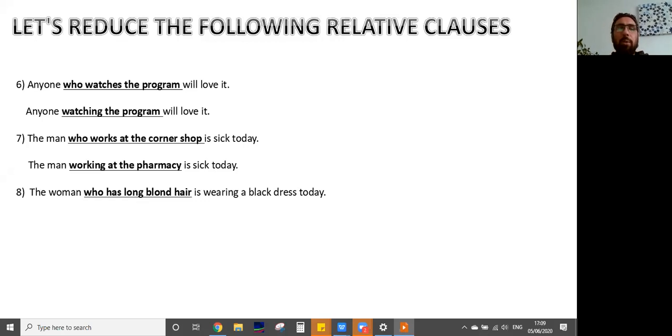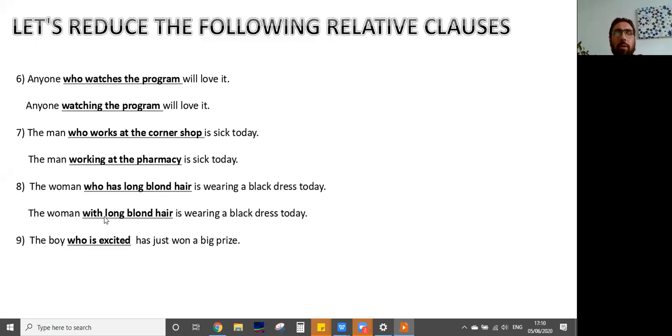Very good. So here we have the woman who has, we're going to drop that and we're going to put with. The woman with long hair is wearing a black dress today.